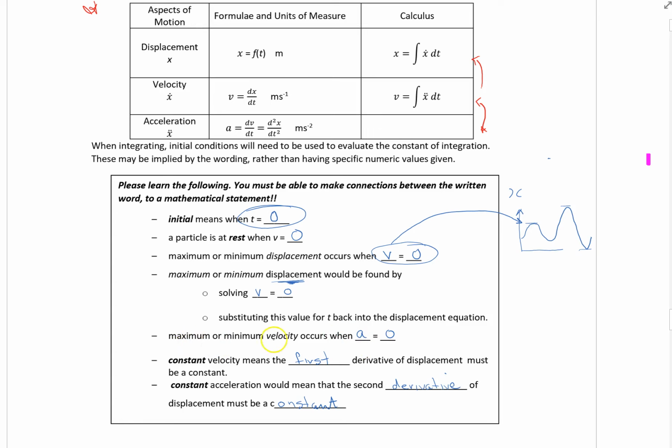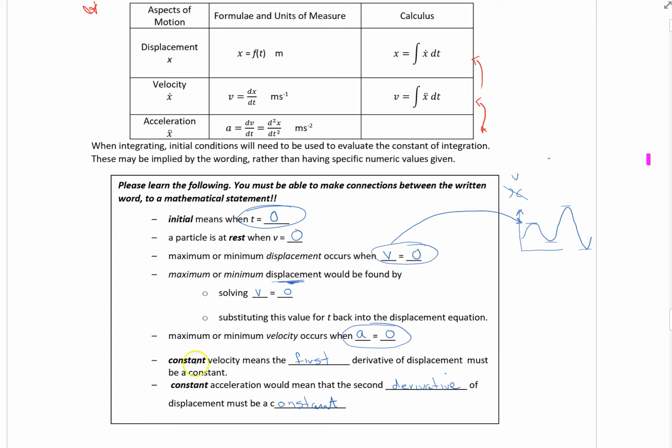And if we wanted maximum or minimum velocity, then we're talking about acceleration, because again, if rather than displacement this graph was velocity, it would be reaching maximums and minimums when the first derivative of velocity is equal to naught. And the first derivative of velocity is called acceleration. So we would be setting up an equation as our statement if we were finding maximum or minimum velocity.